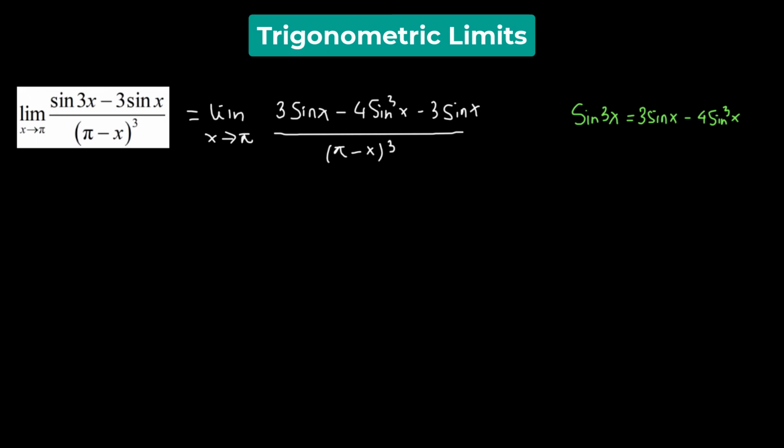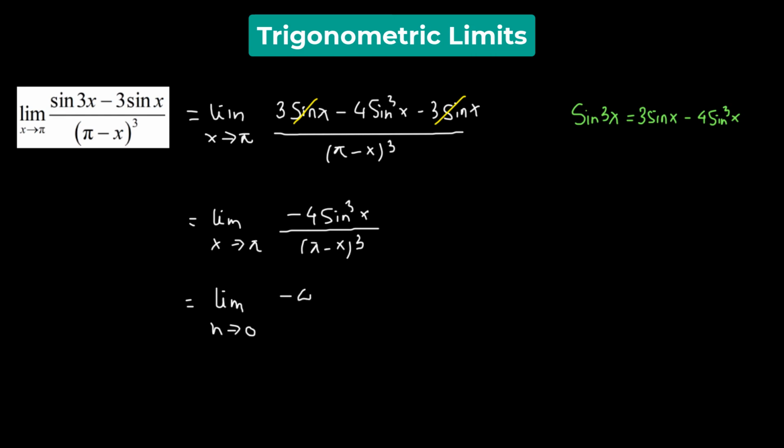So we can cancel out 3 sin x and negative 3 sin x, and this will be equal to the limit as x approaches pi of negative 4 sin cubed x divided by (pi minus x) whole cubed. Now we're going to change the limit from x to h. So we have the limit as h approaches 0 of negative 4 sin cubed (h plus pi) divided by (pi minus pi plus h) whole cubed.